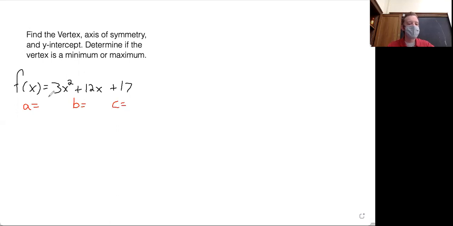And these three numbers always come from the number in front of x squared, the number in front of x, and the number that is added or subtracted on the end that does not have an x with it at all. So in this case, A is going to be equal to 3, B is going to be equal to 12, and C is going to be equal to 17.